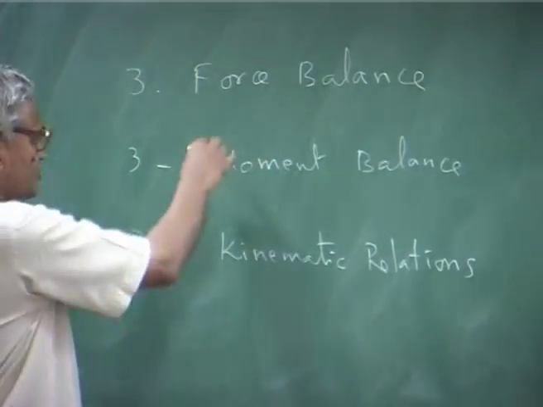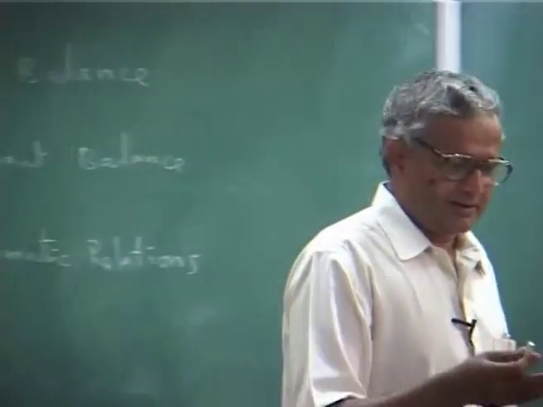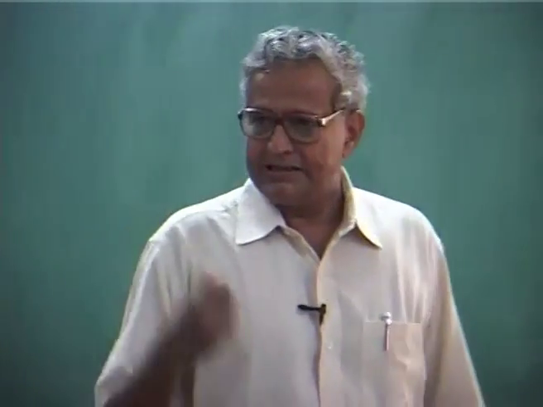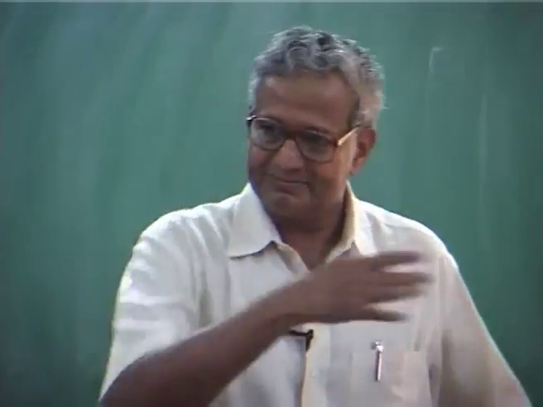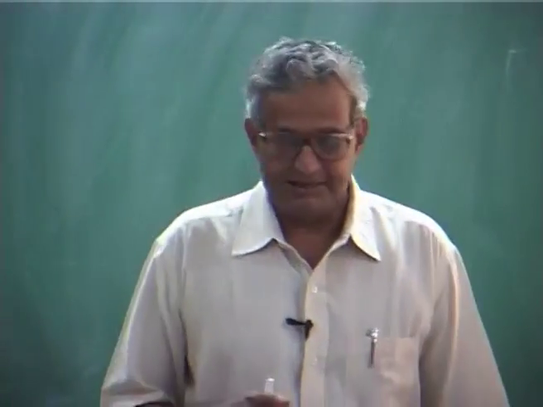Now, force balance and moment balance you know for a rigid body, because F is equal to m a, that is Newton's law, and the moment balance relates moment to angular acceleration, etc.